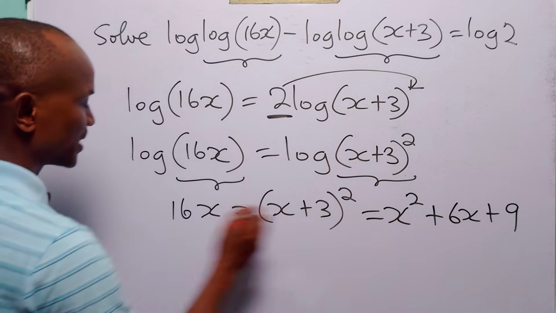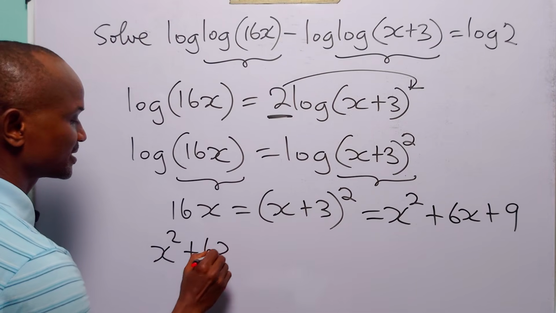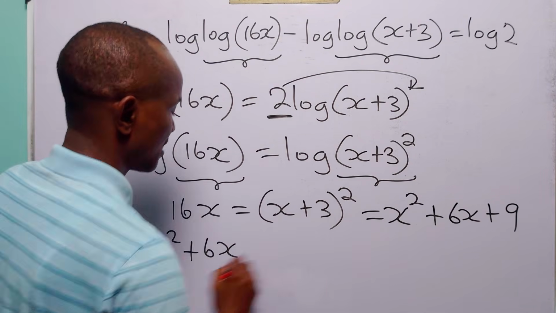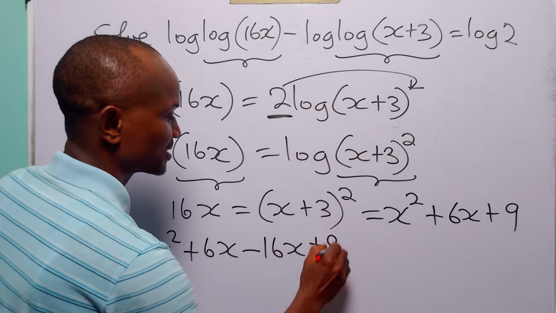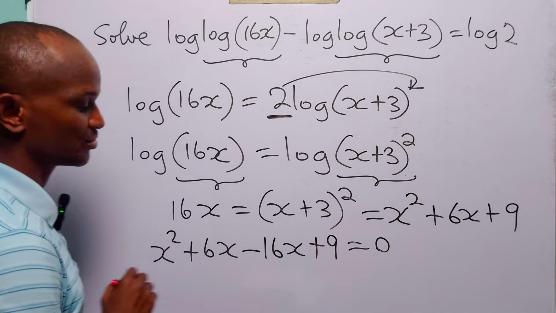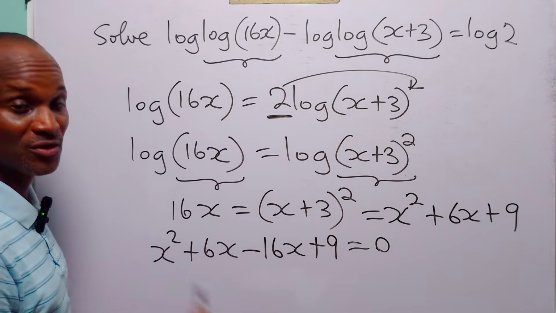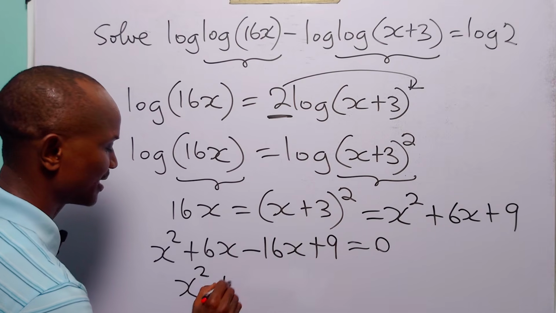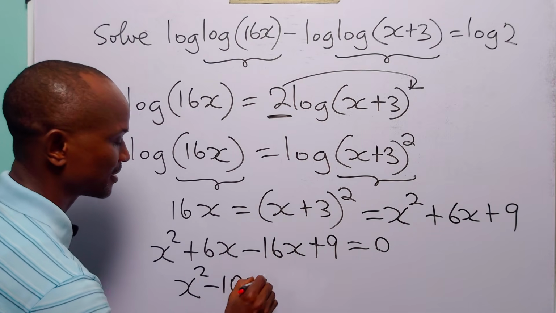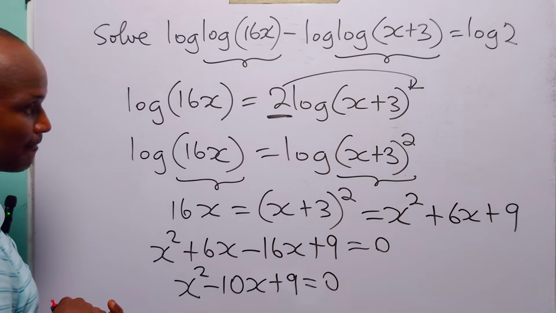Rearranging this equation, we have x squared plus 6x minus 16x plus 9 is equal to 0. Now, 6 minus 16 is minus 10. So we have x squared minus 10x plus 9 is equal to 0.